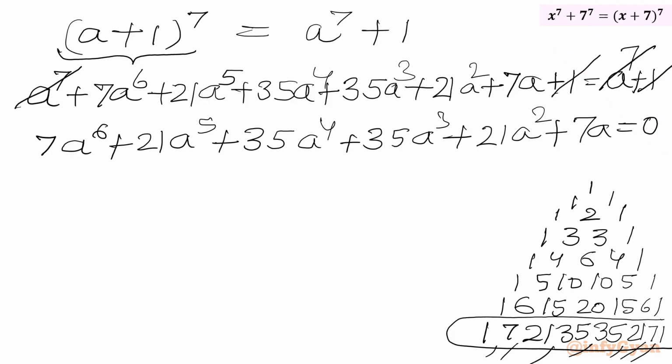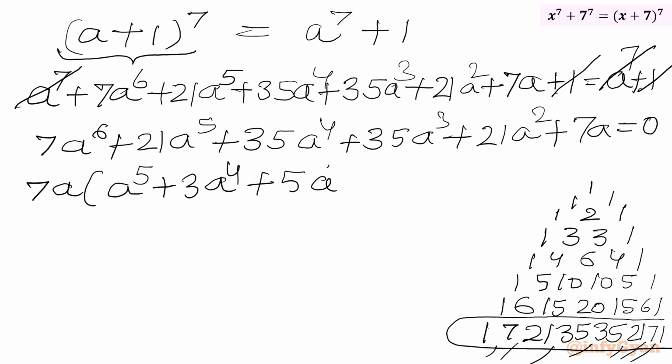Now we have 7a common. Let's take 7a common from the LHS. We will get in the bracket a^5 + 3a^4 + 5a^3 + 5a^2 + 3a + 1 equal to 0.